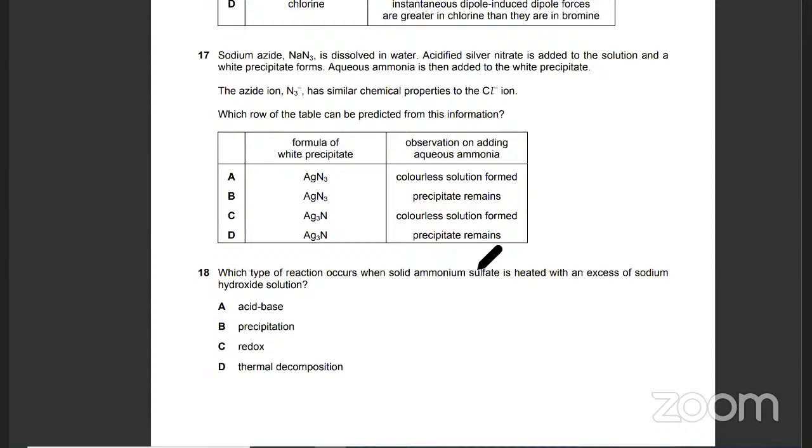Which type of reaction occurs when ammonium sulfate reacts with an excess of sodium hydroxide? This is another question; we've done a lot of these. What type of reaction is this? Salt, NH3, and water. Ammonium sulfate reacting with NaOH: it's an acid-base reaction. NH4+ reacts as an acid and donates an H+ to OH- ions.